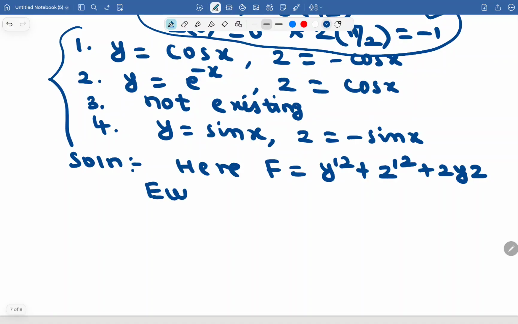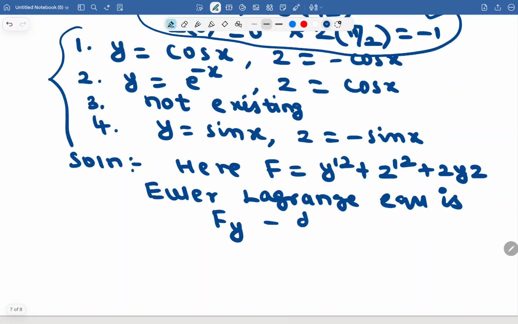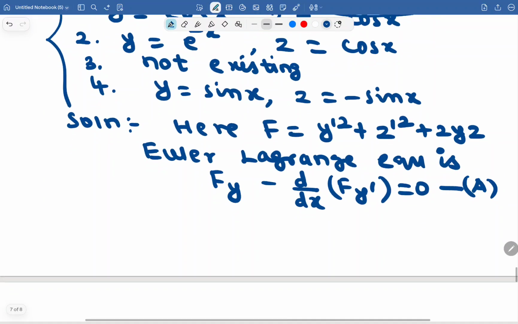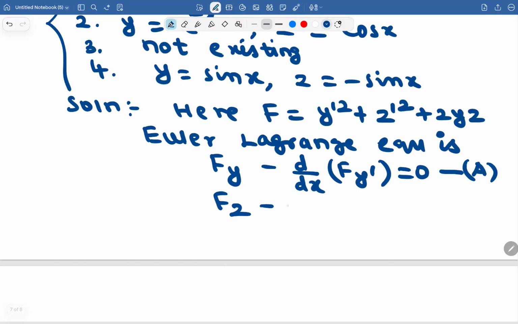The Euler-Lagrange equations are fy minus d by dx of fy dash equal to 0, equation A, and fz minus d by dx of fz dash equal to 0, equation B.